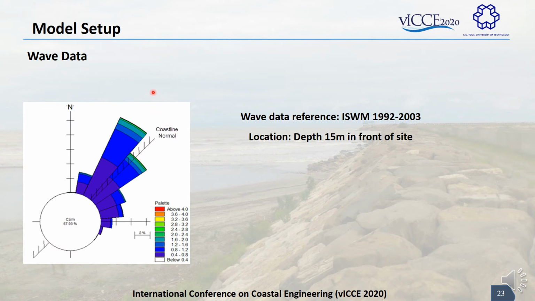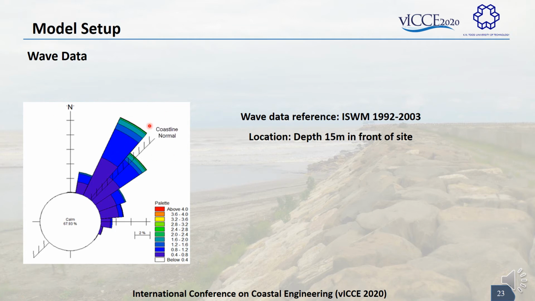Okay, for wave data, it is exported from the Iranian Seas Wave Modeling, ISWM. They are for 1992 until 2003. The wave dispersion here demonstrates that they predominantly came from the northwest.